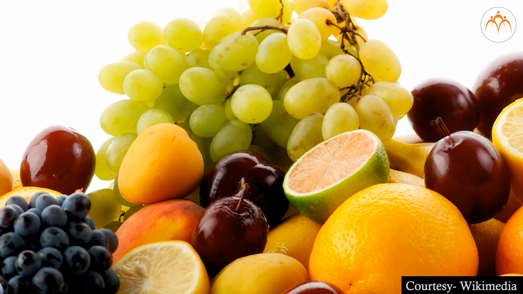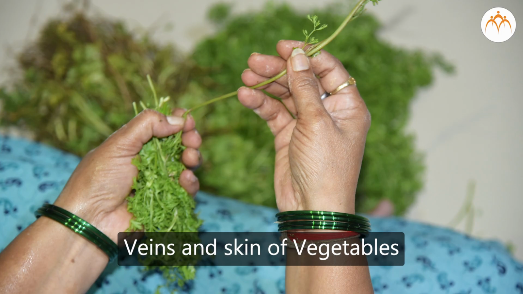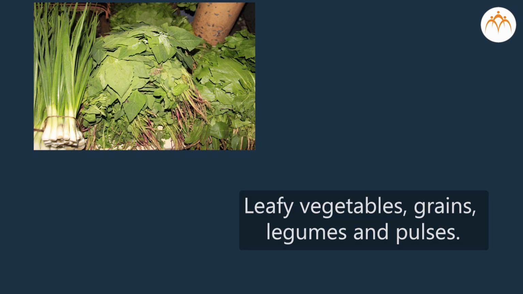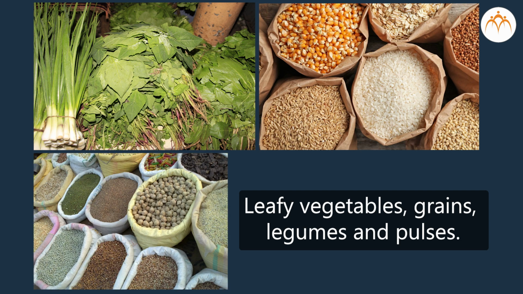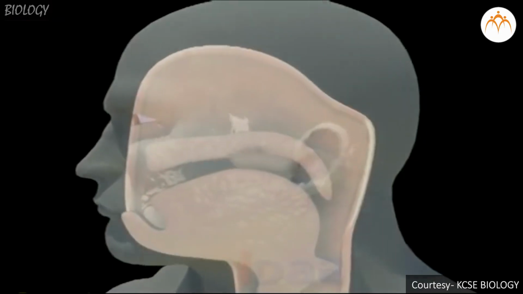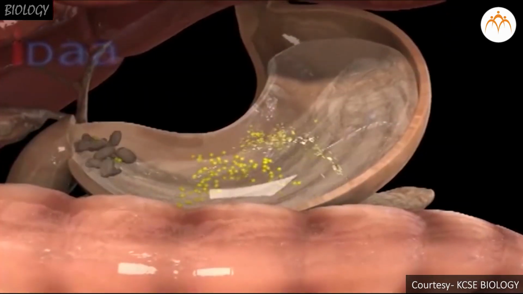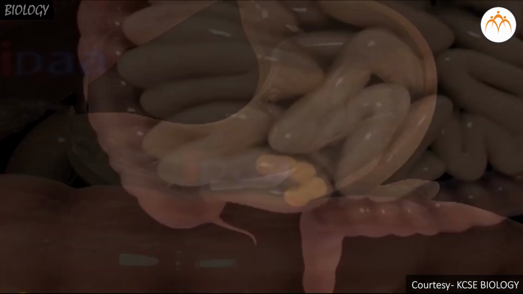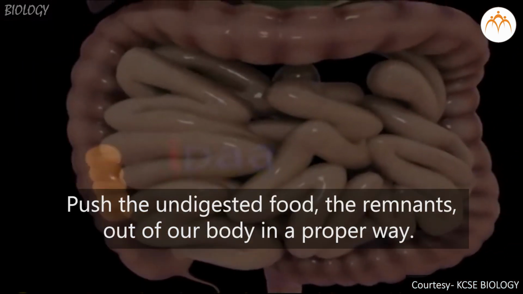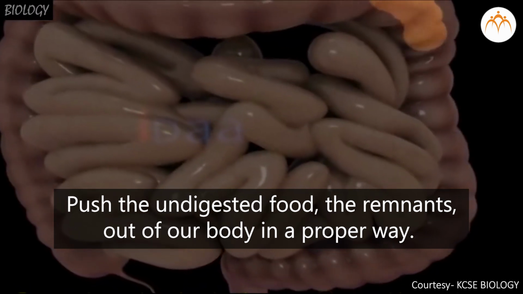We get fiber from many food items such as skins of fruits, veins and skin of vegetables, leafy vegetables, grains and pulses. Fibers are an important part of our meals. They make the passage of our food smooth through our digestive system. Their more important role is to push the undigested food, the remnants, out of our body in a proper way.